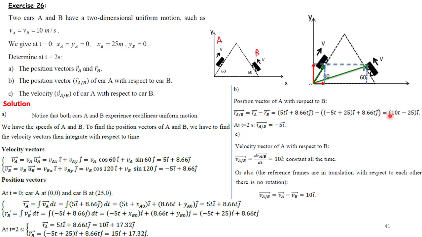It's equal to 10, and we can deduce that VA over B is a constant. We can also apply, as a second method, that VA relative to B is equal to VA minus VB. This one is I think shorter. But in all ways we will obtain that VA over B is equal to 10I.